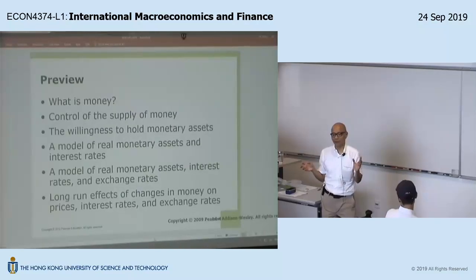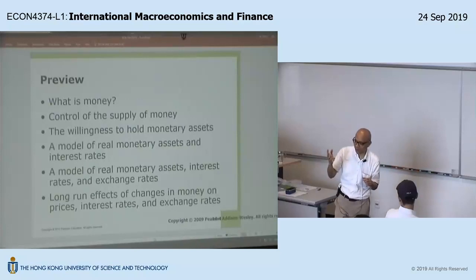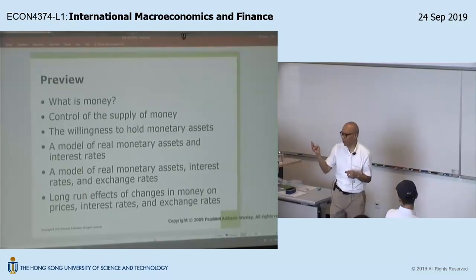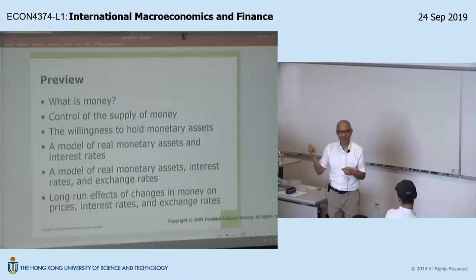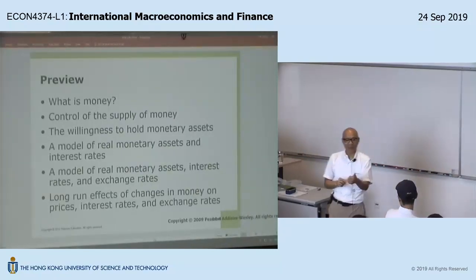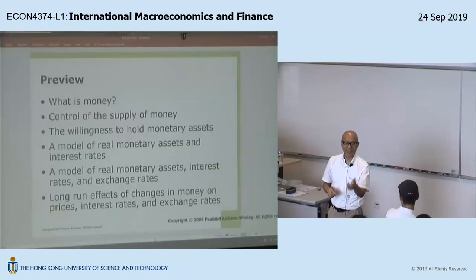Do you still remember? All of you must have studied some closed economy macroeconomics, right? So what are the functions of money? Do you still remember there are three functions of money? Store of value and what? Unit of account and medium of exchange, we just said.